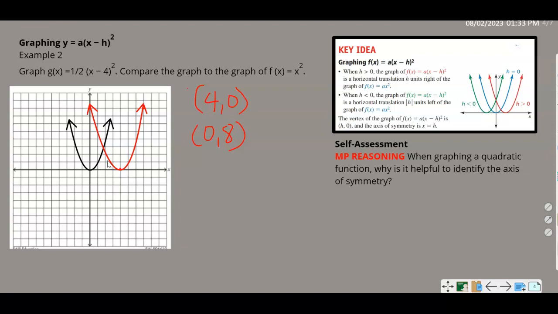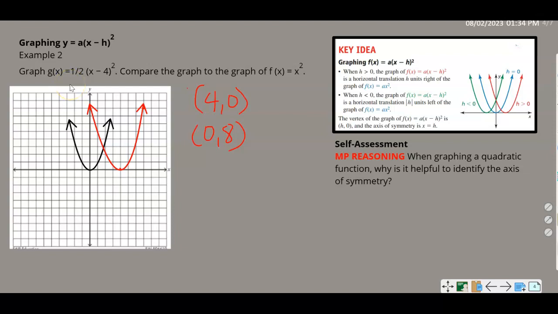You can see that both graphs open up. So that means they both have positive a values. And you can see that the graph of g is wider than the graph of f of x, and that's because of the 1/2 here.